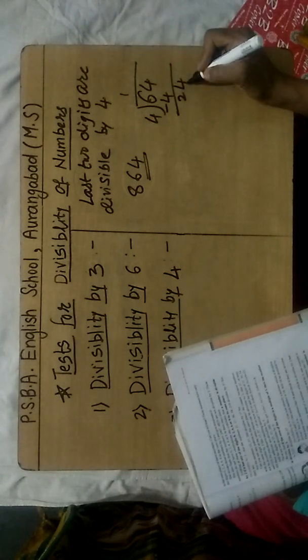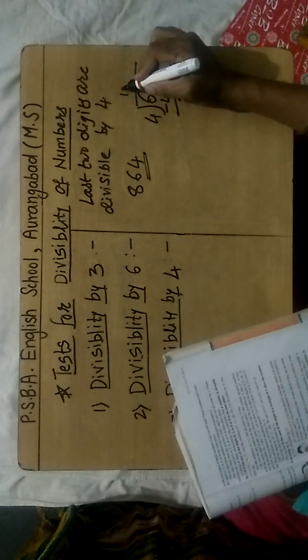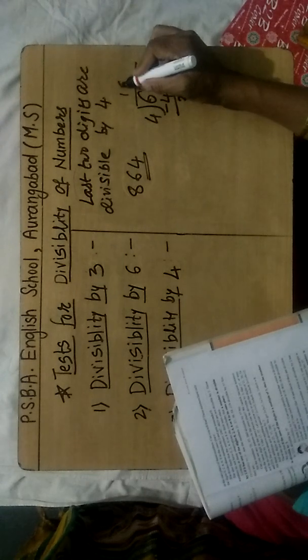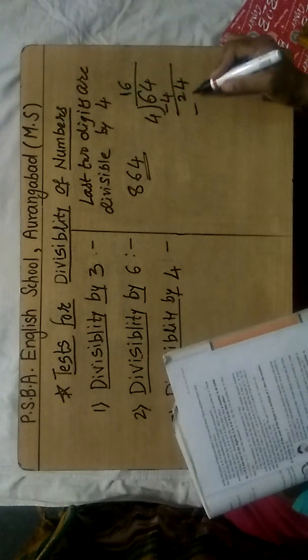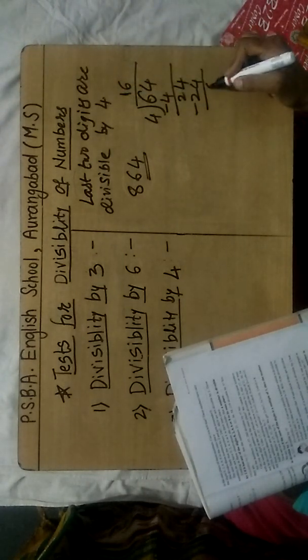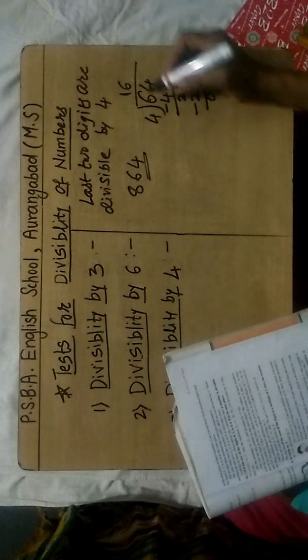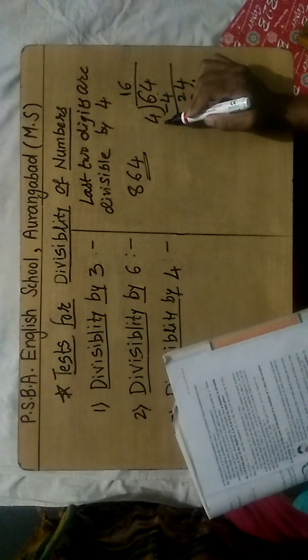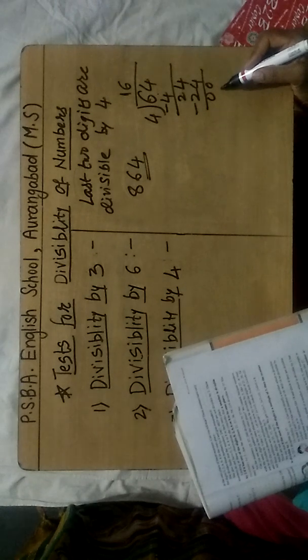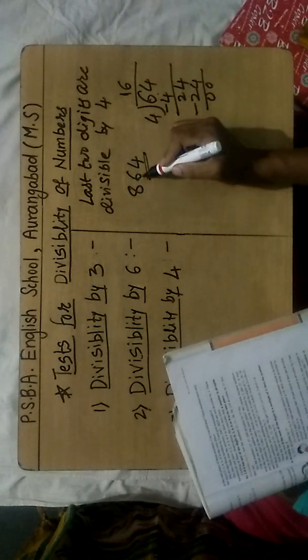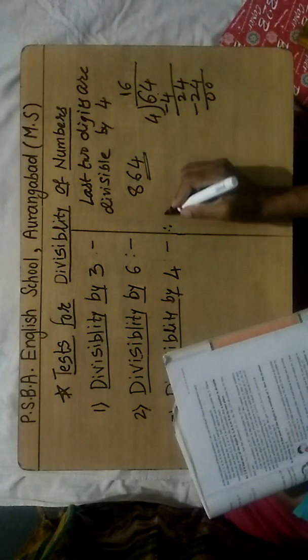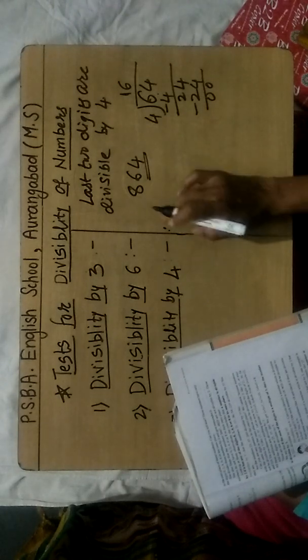We will take carry 4. Again 4 4s are 16, 4 5s are 20, and 4 6s are 24. 24 minus 24, remainder will be 0. Therefore 64 is divisible by 4 because remainder is 0. Therefore the number 8,064 will be divisible by 4.